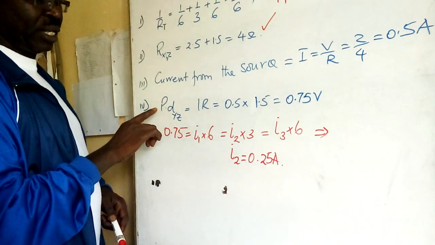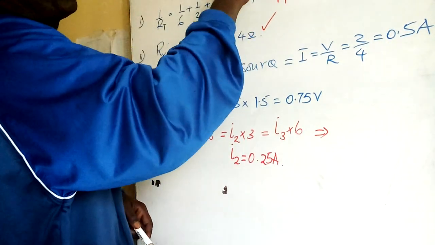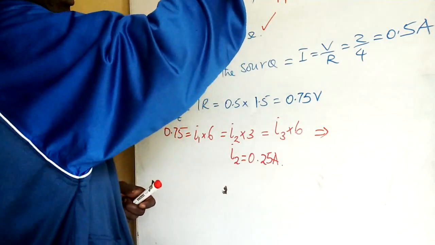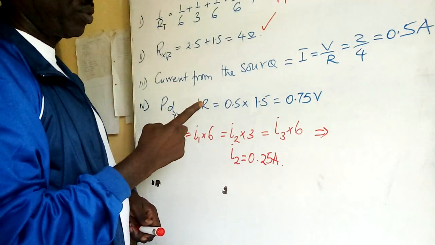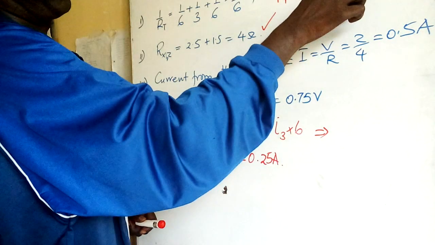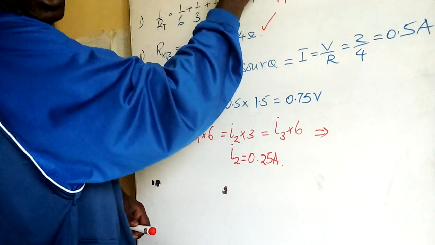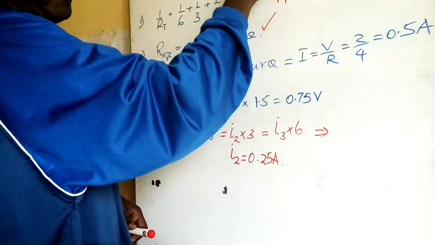So the PD across YZ, I can get it in 2 ways. The effective resistance I had was 1.5 here, a single resistor whose resistance is 1.5.